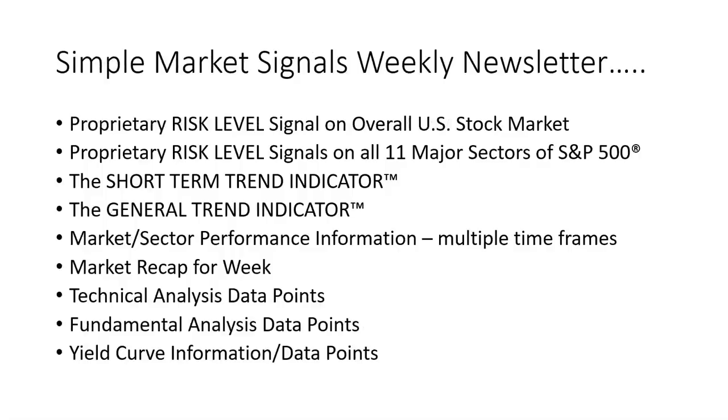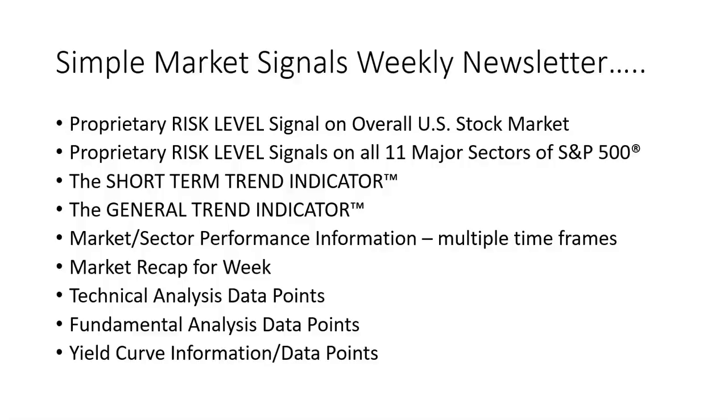We disseminate the information through the Simple Market Signals weekly newsletter. In the weekly newsletter, you will receive the proprietary risk level signal on the overall U.S. stock market. You will also receive the proprietary risk level signal on all 11 major sectors of the S&P 500. You will also receive the short-term trend indicator signal. You will also receive the general trend indicator signal.